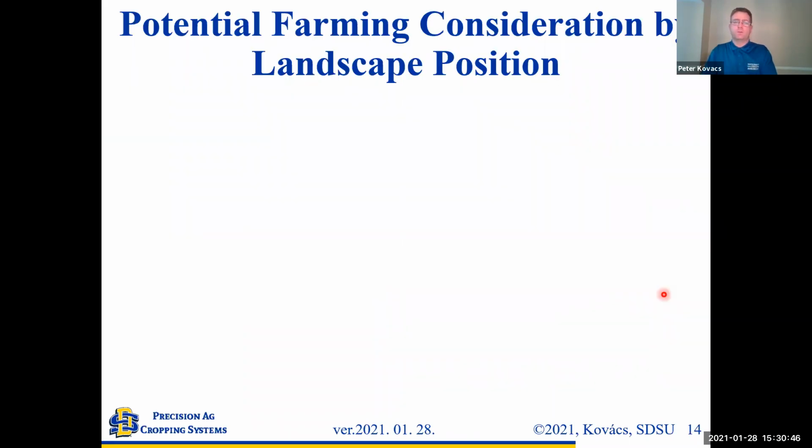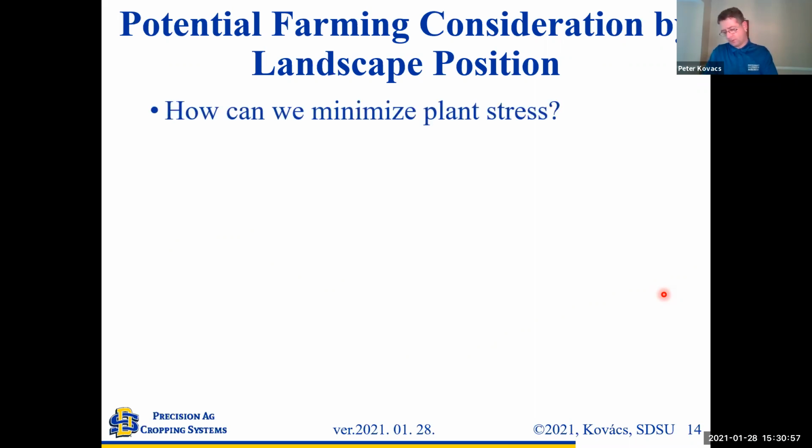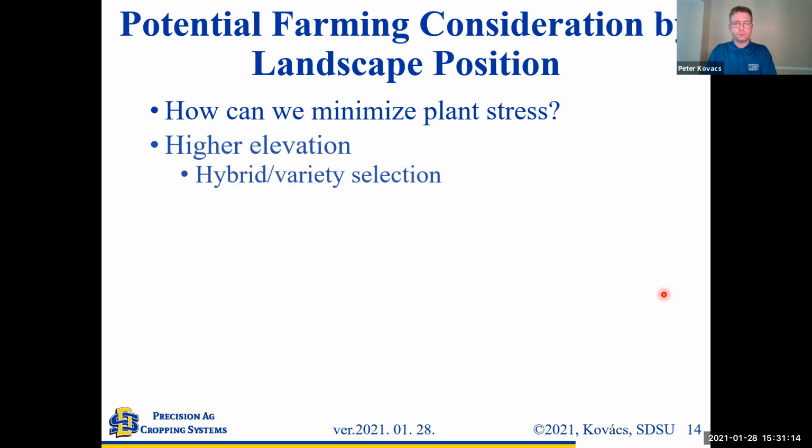So what type of management practices or farming considerations should we think about for the different landscape positions? First and foremost, we have to evaluate how we can minimize plant stress on these extreme positions, whether at the top of the hill or at the depressional areas.